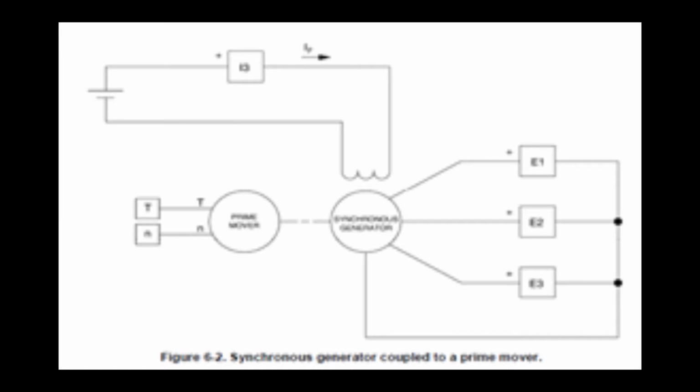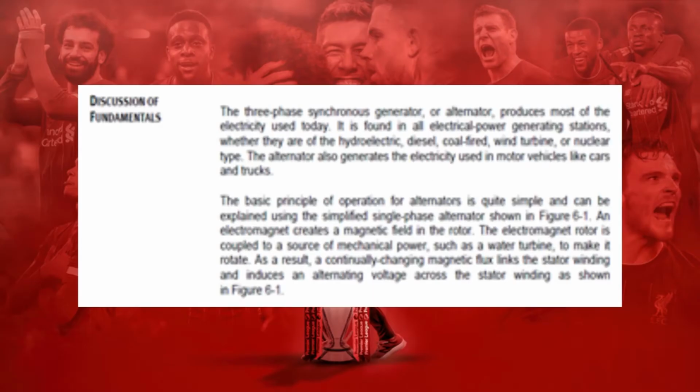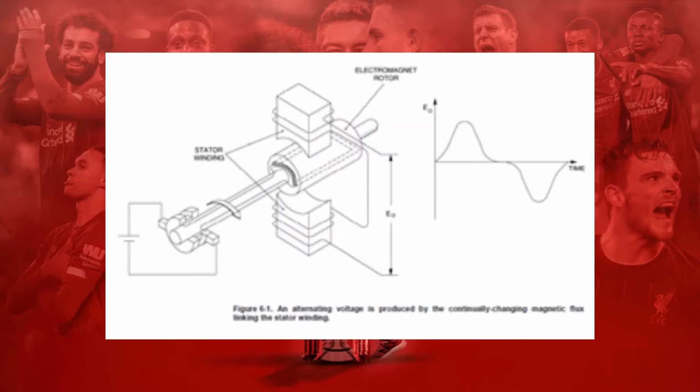Okay, for the first part, the basic principle of operation for alternators is quite simple and can be explained using the simplified single phase alternator shown in figure 6.1. An electromagnet creates a magnetic field in the rotor.